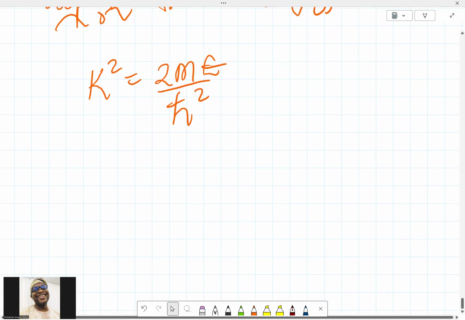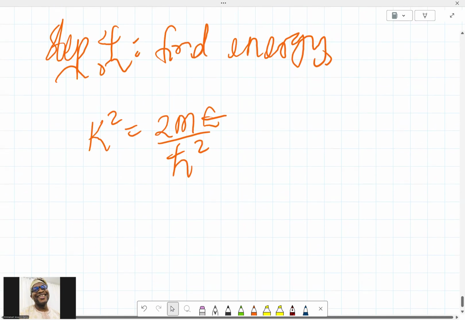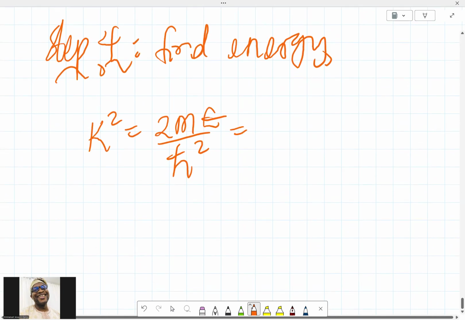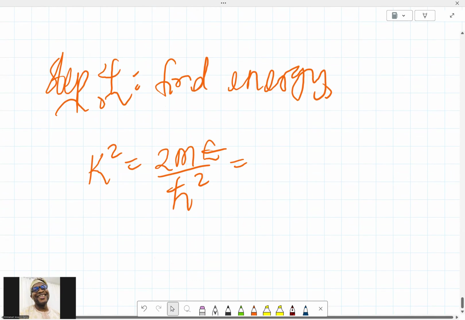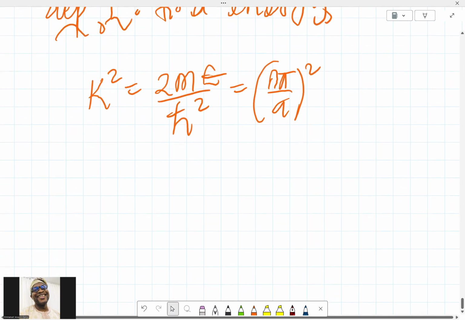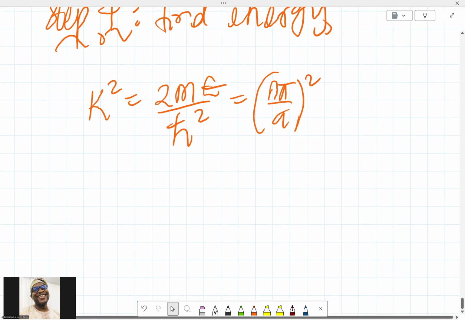So k squared is 2mE over h bar squared. And now we know k is n pi over a, so that will just be n pi over a squared. With this, we can bring out the E. This is what we are looking for now, this E. So we can tidy things up there.